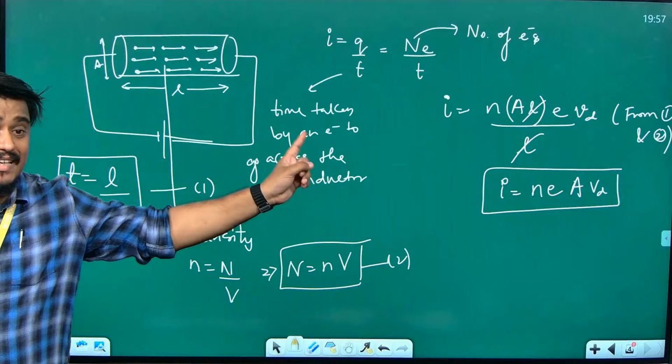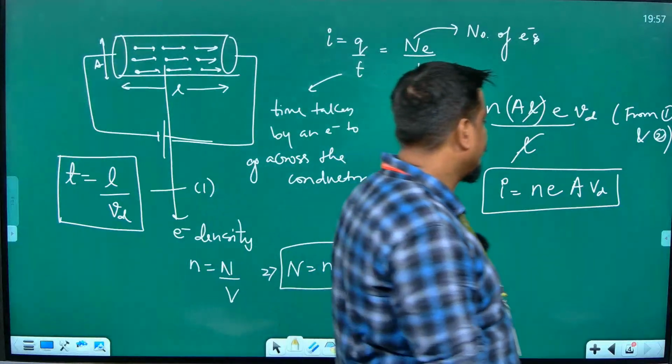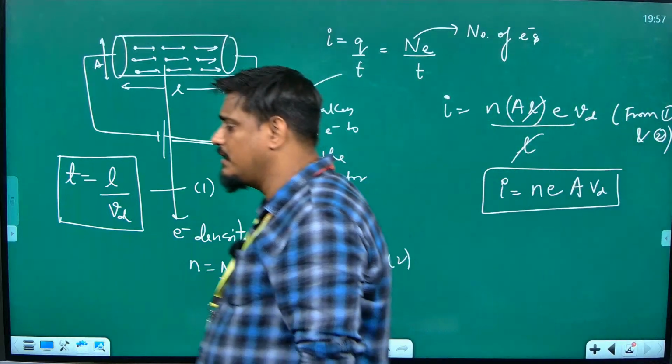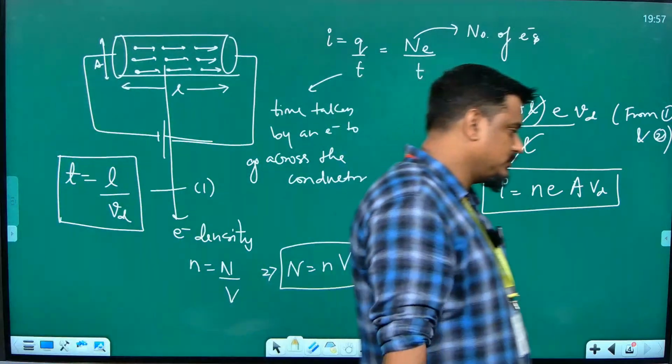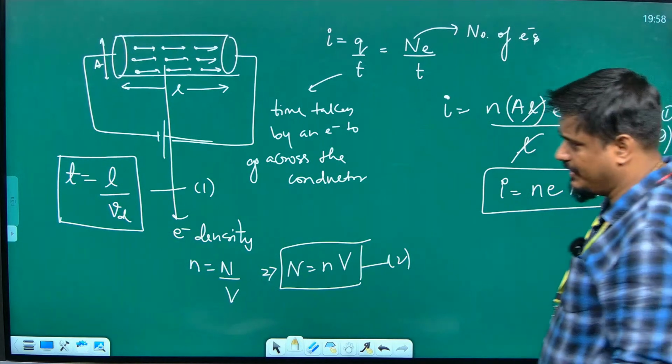So for this relation, give the heading: relationship between current and drift velocity. Then you can write whatever I've done on the board. The relationship is I = nAeVd.